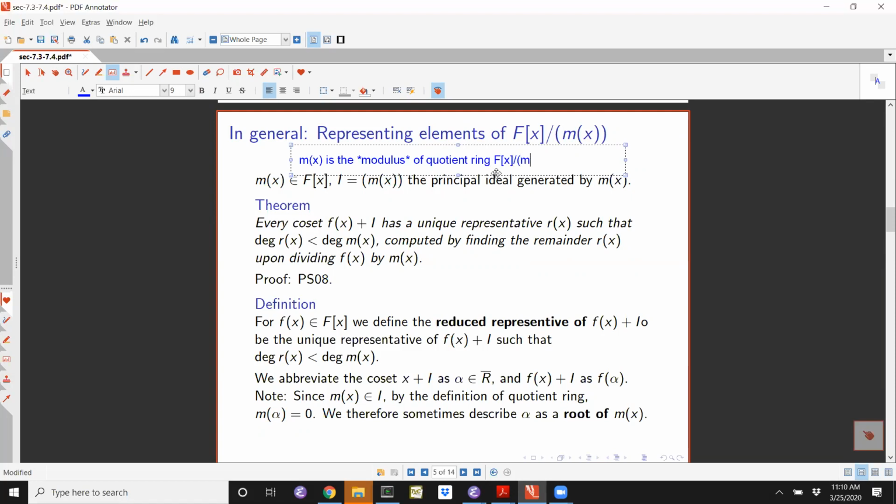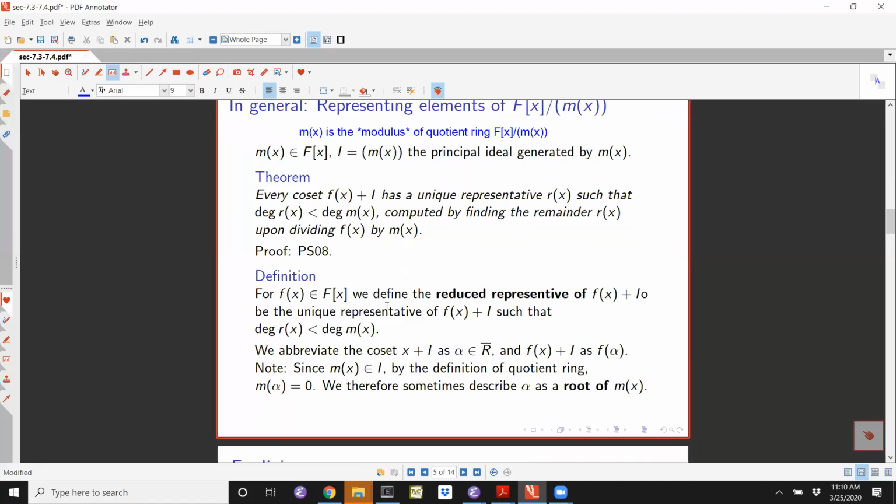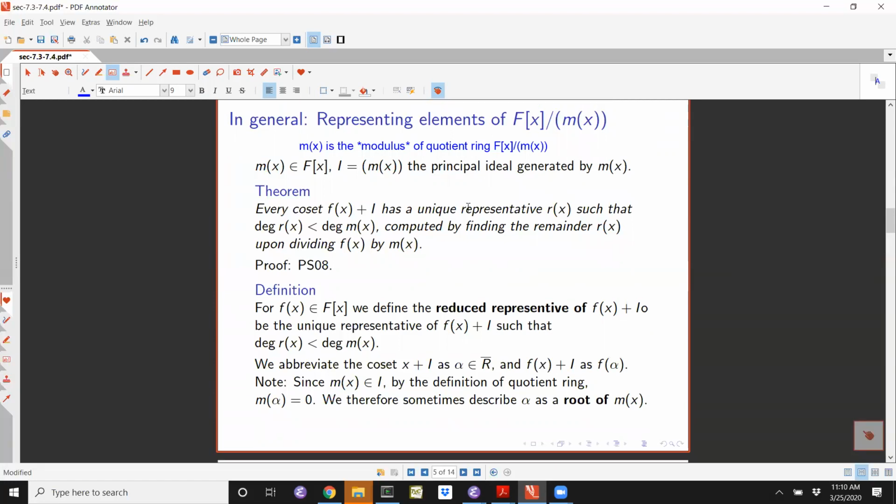What we saw in that one particular example also works in general. For our notation, m of x is the modulus, and let I be the principal ideal generated by m of x. That's the set of all multiples of m of x, and that's what we end up killing. So in this quotient ring f bracket x mod m of x, every coset has exactly one representative of degree strictly less than the degree of the modulus.